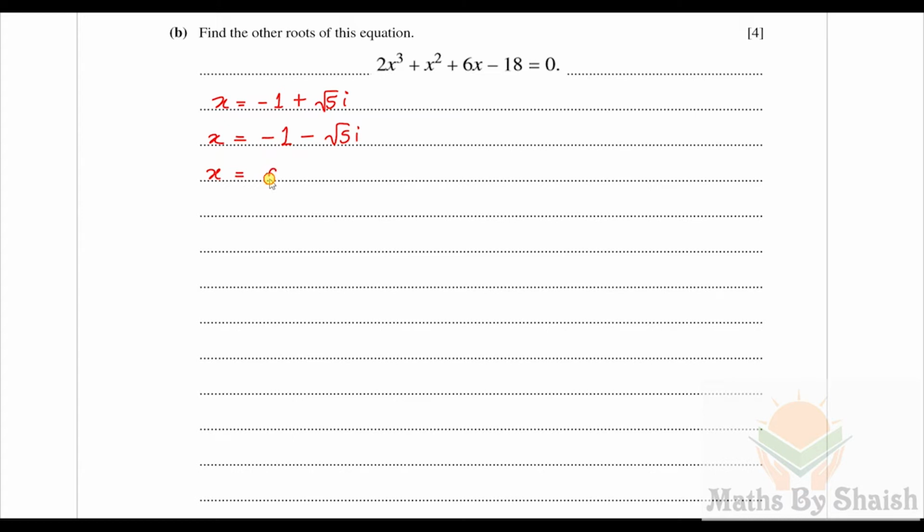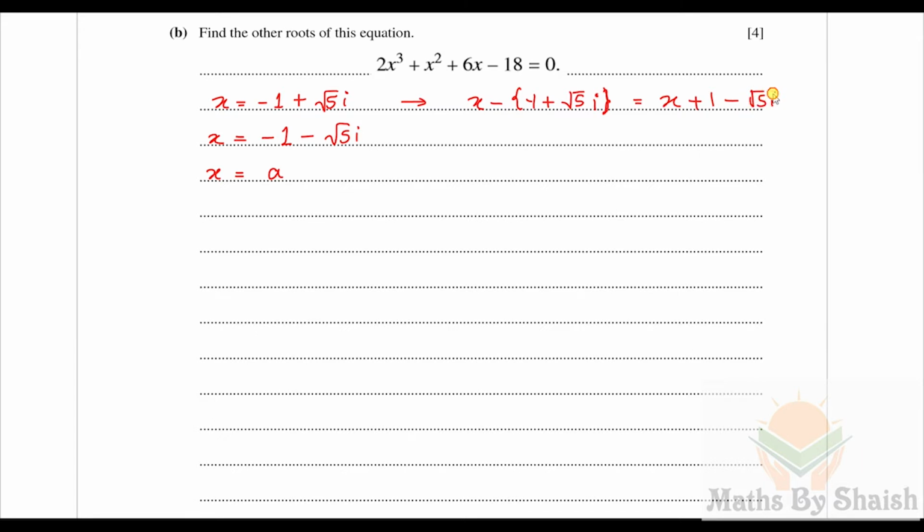Then the factors are x minus (-1 plus root 5 iota), that is x plus 1 minus root 5 iota.